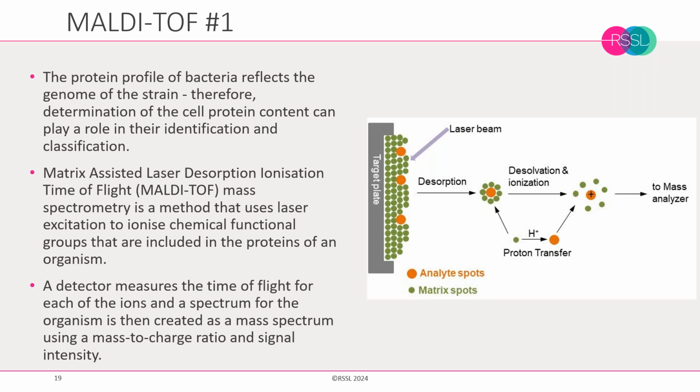These ions are then separated out in a tube, and this tube is called a flight tube. And the lighter the ions that are created, then the faster they travel. And there is a detector that measures the time of flight for each of these ions. And as that data is recorded, it creates a spectral profile for the organism as a mass spectrum, hence the mass spectrometry.